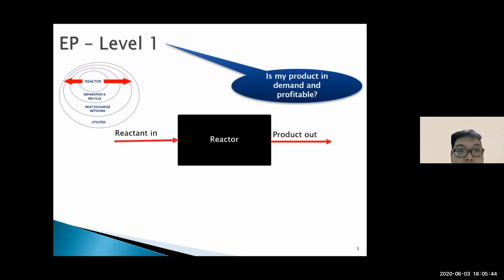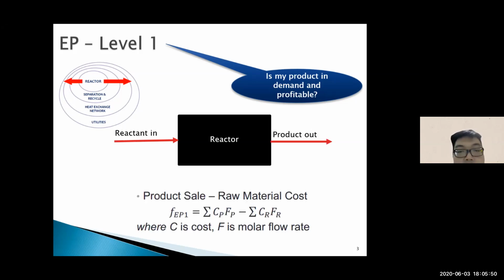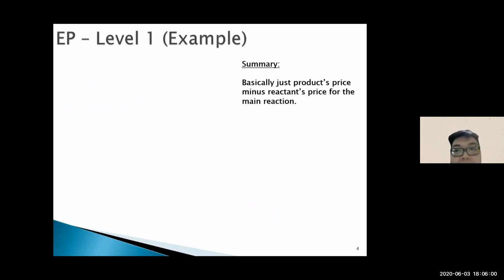So let's start with our reactor. The reactor has the reactant in and product out. EP level 1 is basically how much the product sells for minus the raw material costs. In summary, it's just the product price minus the reactant cost.